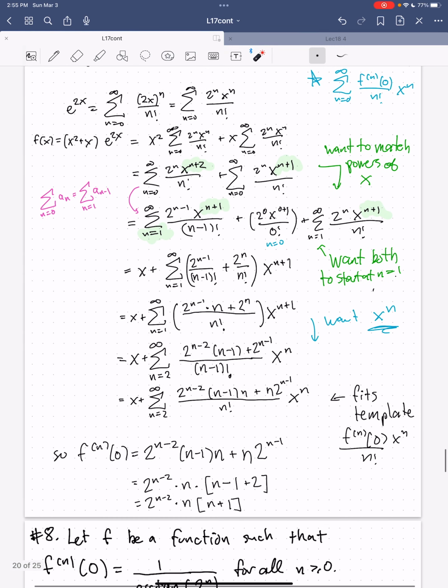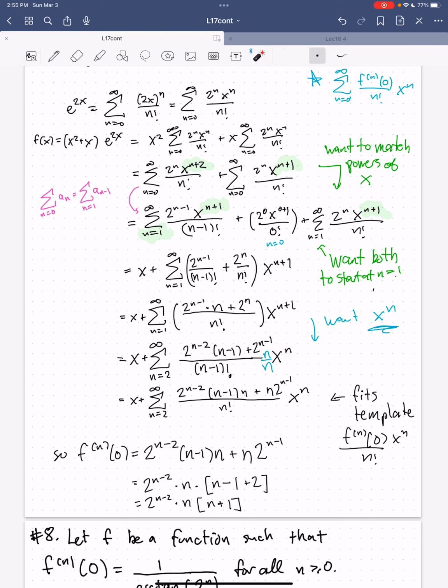Now, the template that we want in order to find that general nth derivative at 0 looks like this. So we need to have n factorial on the bottom as well as x to the n. So x to the n, but now we have n minus 1 factorial, and so we just multiply on the top and the bottom by n. I'll also note that times n over n.